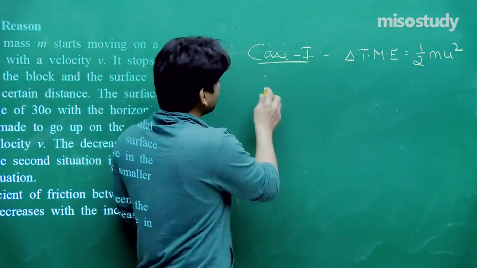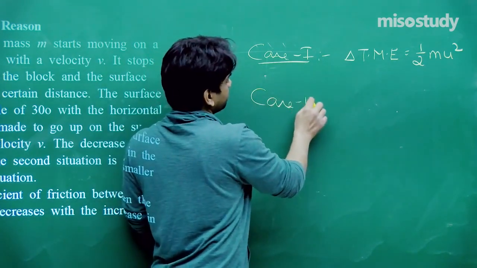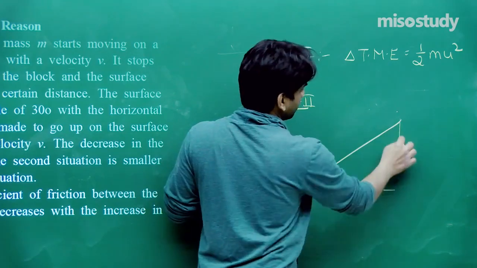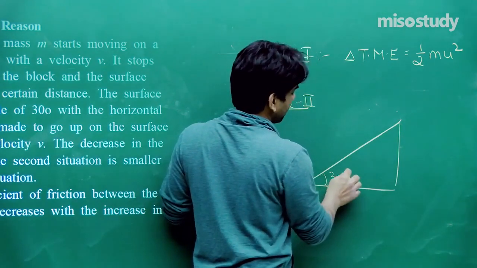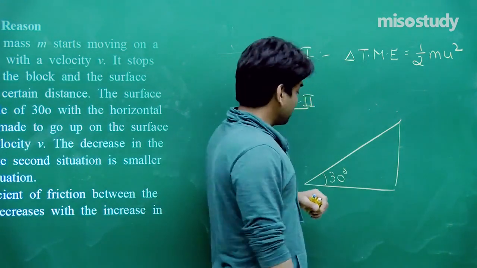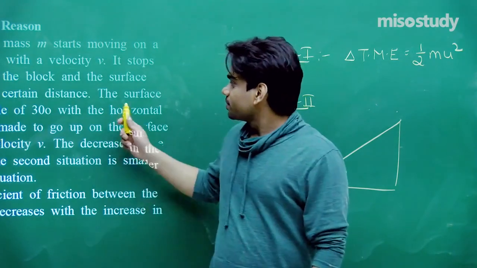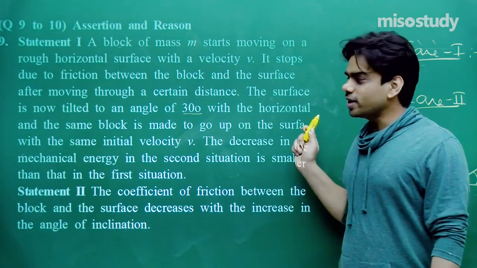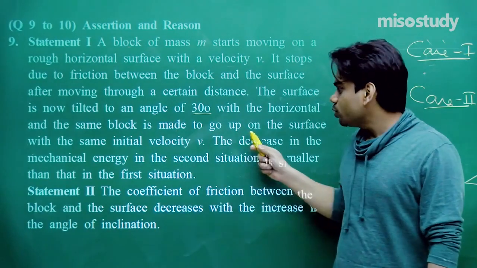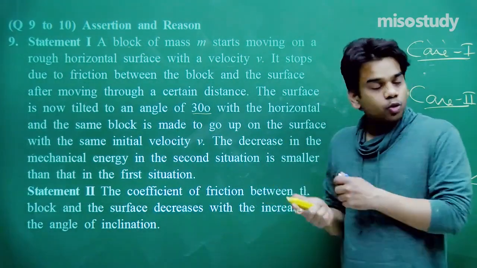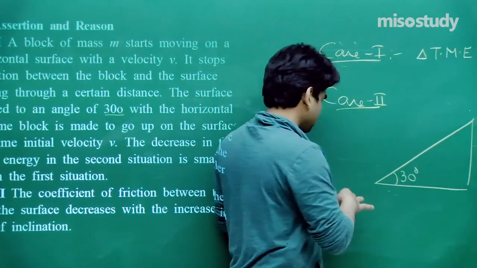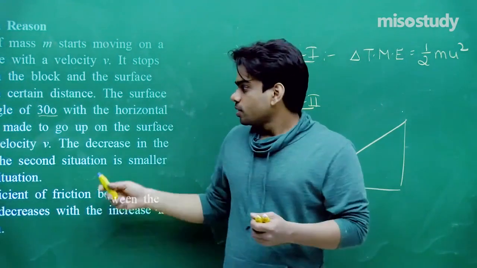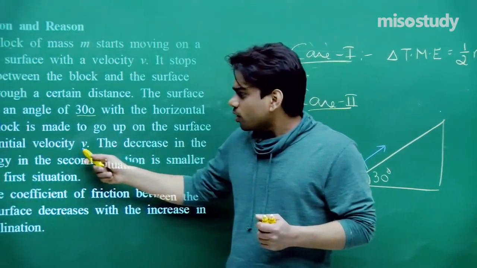Now in case 2, what we have done is you have actually raised it through a certain height. Try to understand how the body is moved. The surface is now tilted to an angle of 30 degree with the horizontal, and the same block is made to go up on the surface with the same initial velocity v.